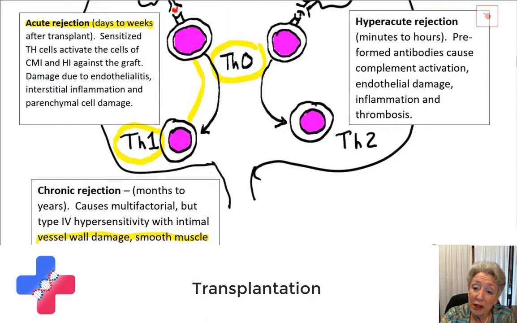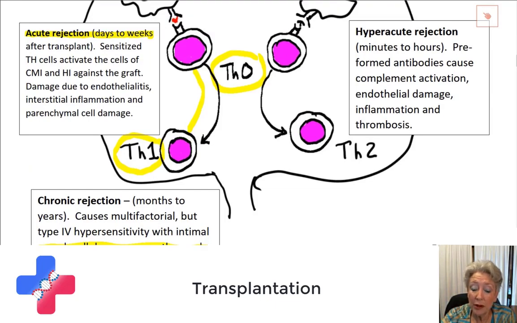Now, the one you really do not want to see during your medical career is the one on the right, which is a reflection of the T helper 2 side of the cascade being available at the time of the surgery.